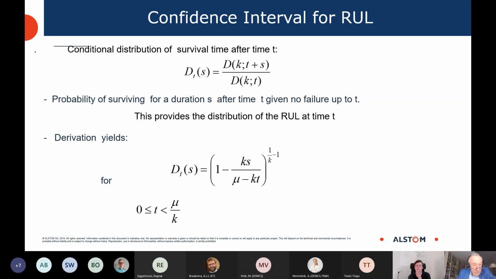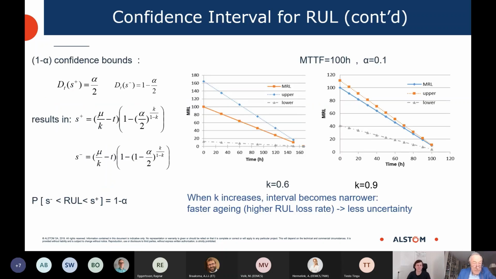So we can easily calculate this function as long as t is between 0 and mu over k, and then it becomes 0. And from that we can obtain confidence bounds. Let's say the confidence bound at the 1 minus alpha level is given by this lower bound and upper bound. So this is the case.